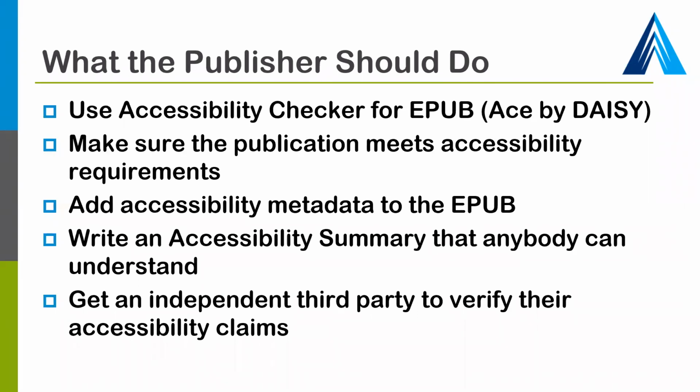They've got to include the accessibility metadata for discovery purposes and write a great accessibility summary, which is human readable. Anybody should be able to read it, so that somebody can read this before they purchase. And another piece that we're promoting is to get third-party certification of that publication.